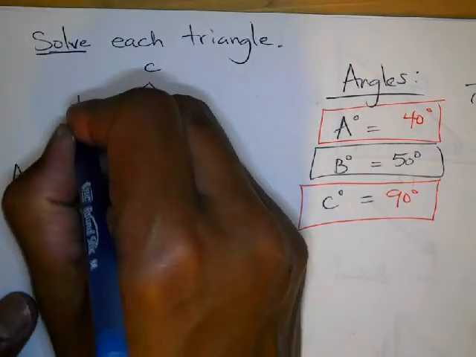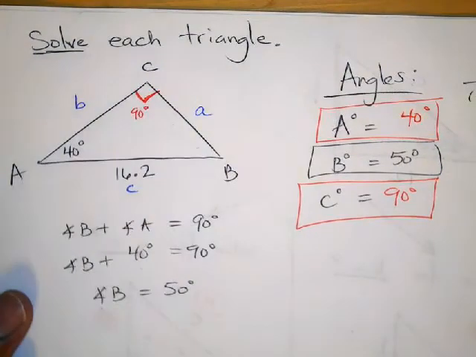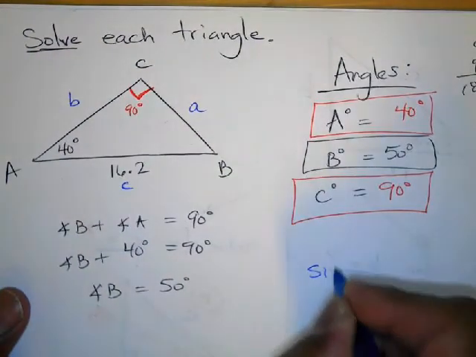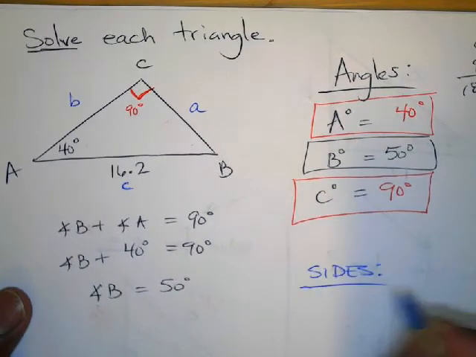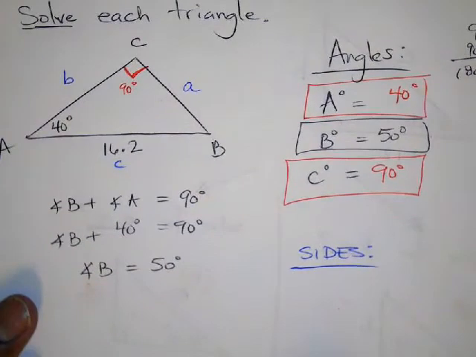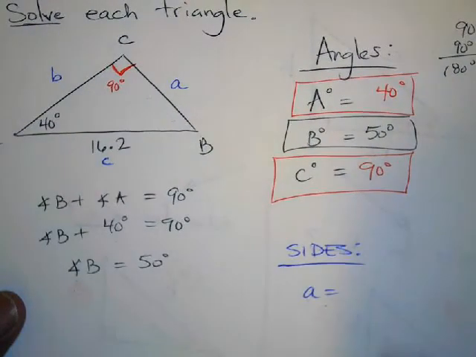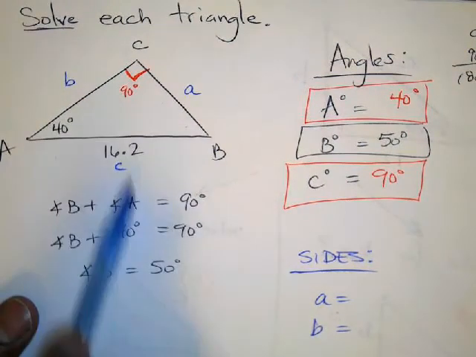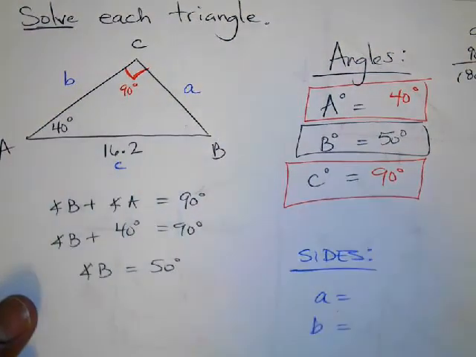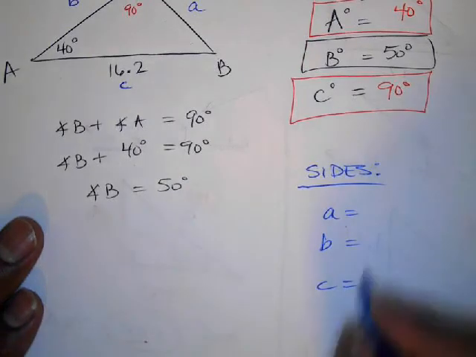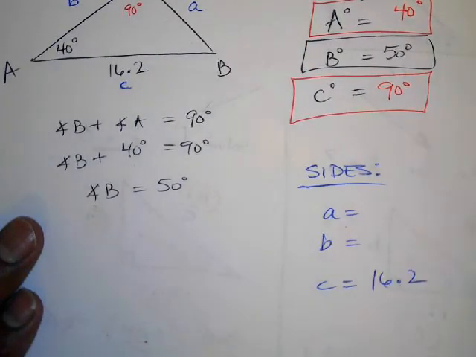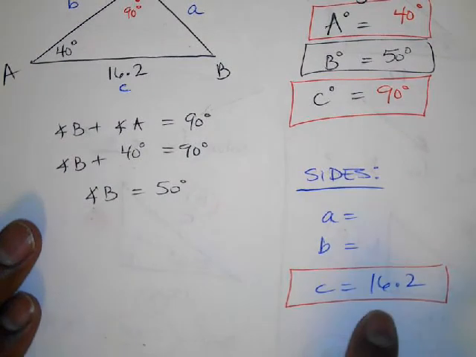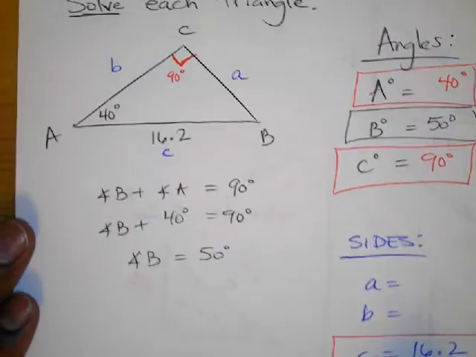This is angle B. Okay, now let's come over here and deal with the sides. These are the ones where you're going to need the trig, right? Side A, side B, and side C. But see, you don't need to find side C. It's already given to you, but let's just write it down to make sure. C is 16.2. I already have that one.